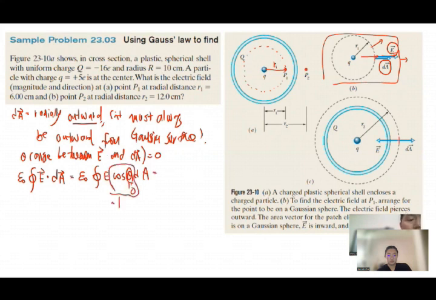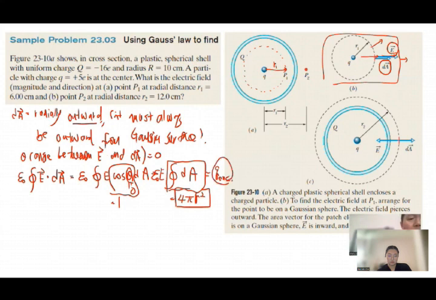The electric field, in this given condition, is a constant value, so it can be taken out of the integral. The integral of dA is the same as the surface area of a sphere, which is 4 pi r squared, with r the radius of the sphere. Epsilon naught times that is the same as the net charge inside the Gaussian surface.